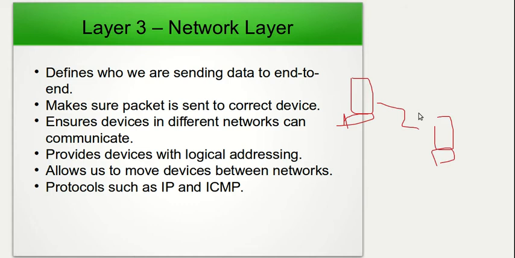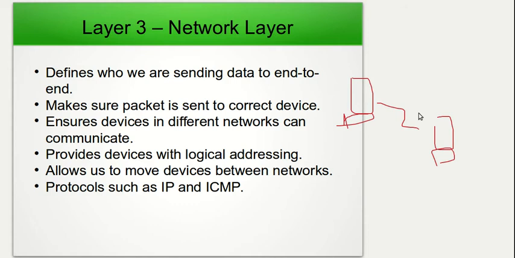With logical addressing, it allows us to assign devices to different groups, which makes our networks more efficient. When we look at IP, we'll see how by grouping devices together into logical groups, we can make our networks more efficient and make sending data and handling data more efficient as well.